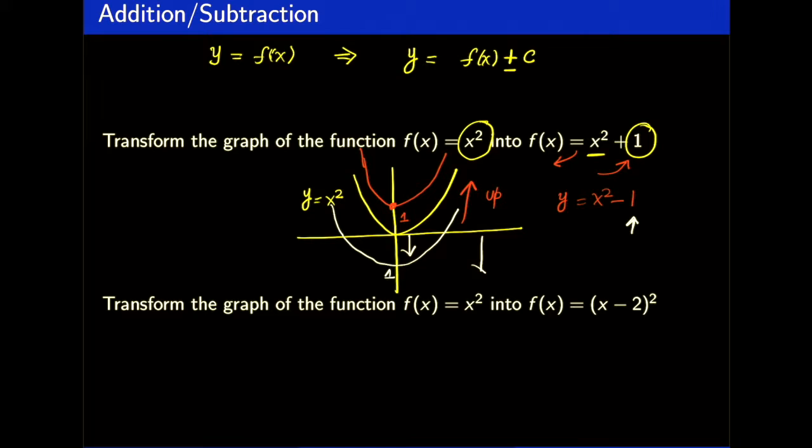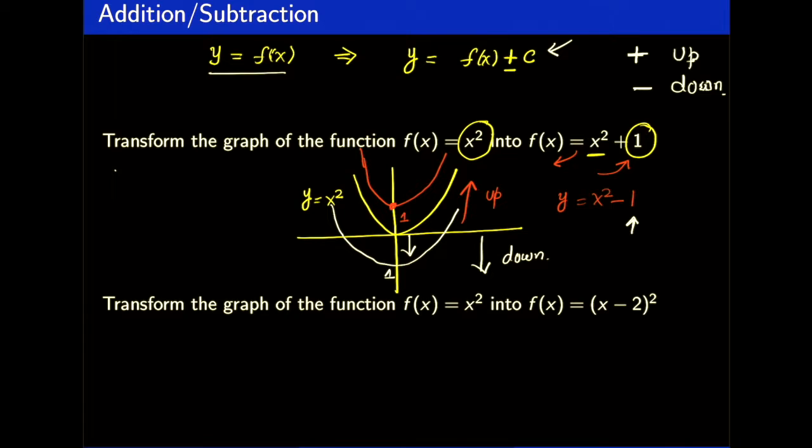So it is moving down 1 unit. So in summary, if you have the function y is equal to f(x) and you add or subtract something in the output, addition will move the graph up and subtraction will move it down.